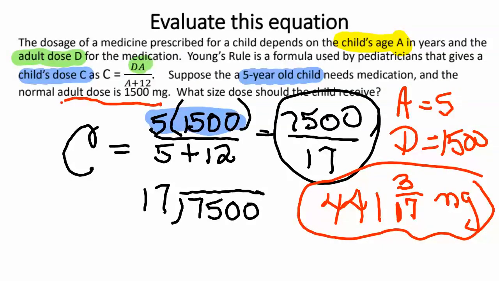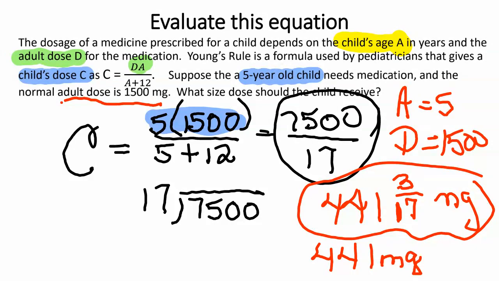Now, this is the exact dose. But remember, how would a nurse or a doctor or a pediatrician know on a syringe where 3/17 is? Well, you may find that Pearson will round this to a whole number of 441 milligrams.